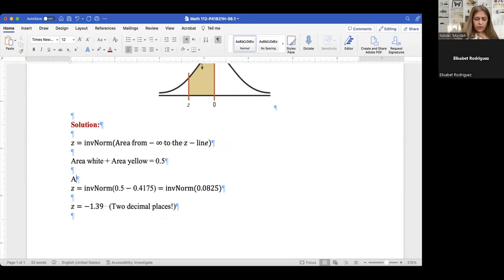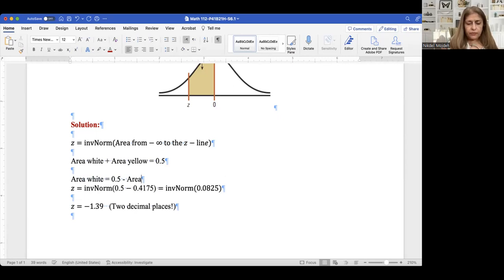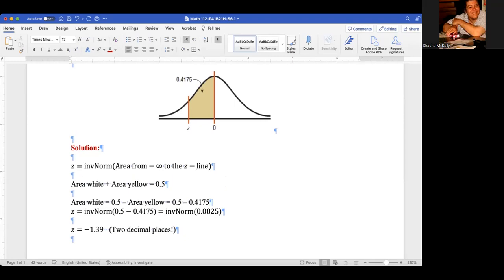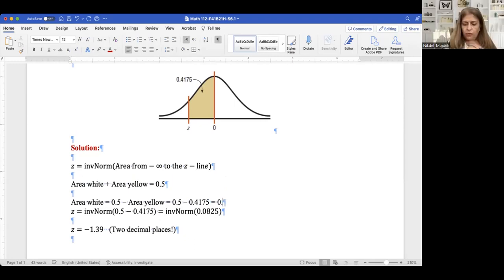So the area of the white is equal to 0.5 minus the area of the yellow, which is equal to 0.5 minus 0.4175, correct? And that is equal to 0.0825.